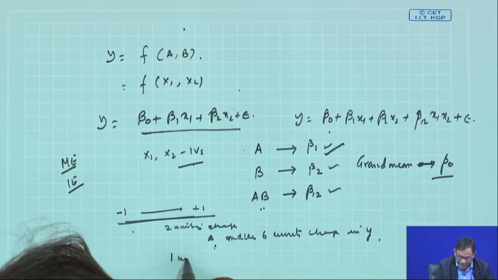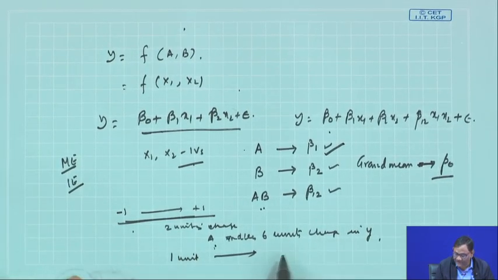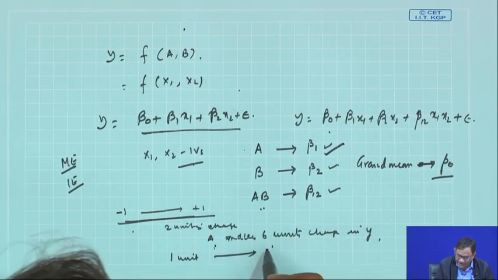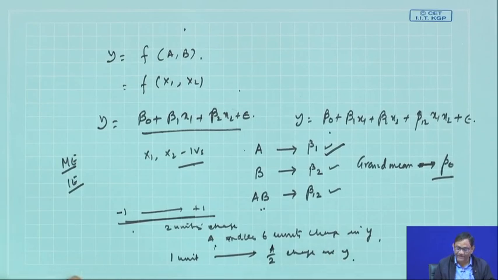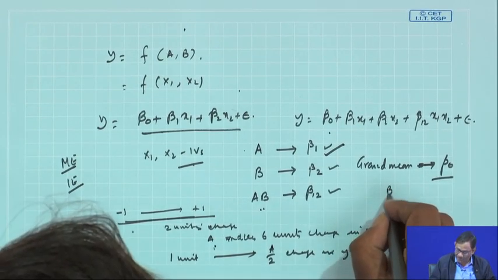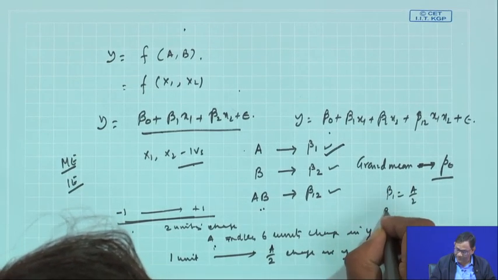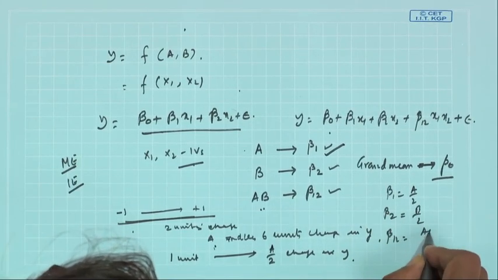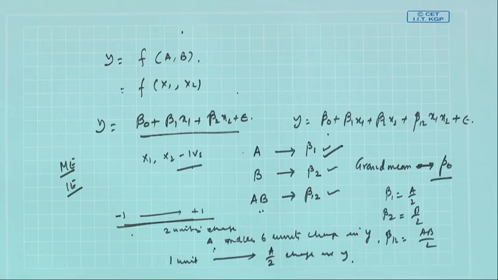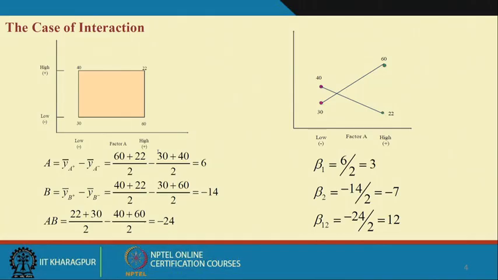So, that means for 1 unit change in x, that will create A by 2 unit change in Y. As a result, beta 1 will be A by 2, beta 2 will be B by 2 and beta 1 2 will be AB by 2. That is what is given here.